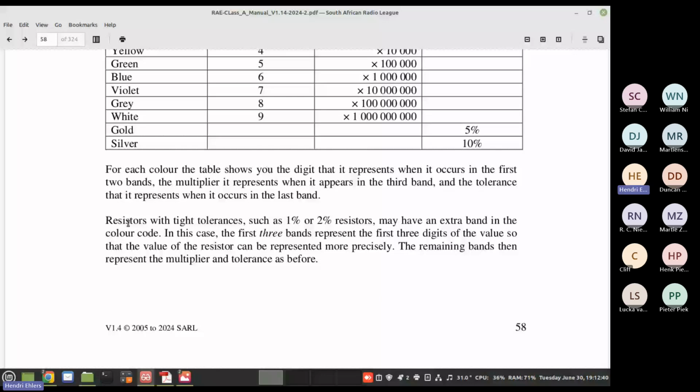And because of the low tolerance, they've added another band, so you'll write your first 3 down, but the last one, excluding gold, would always be your multiplier. And I know my 1% resistors that we sell have the four bands, where 3 is the value and the fourth one is the multiplier.